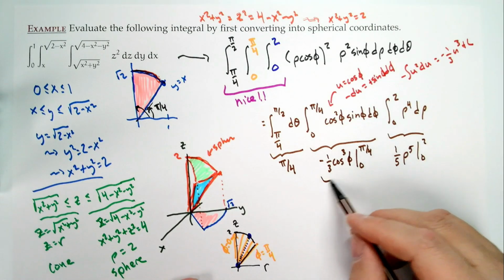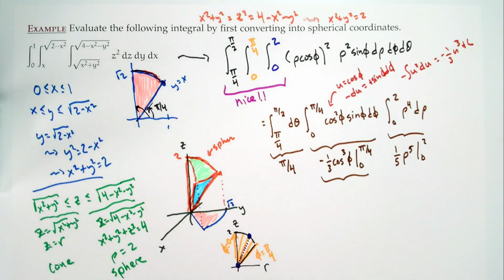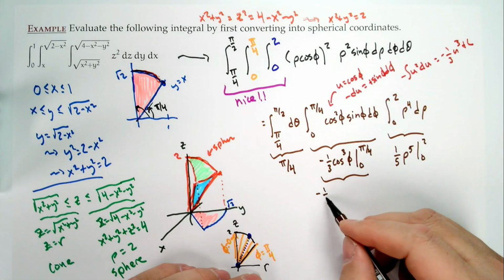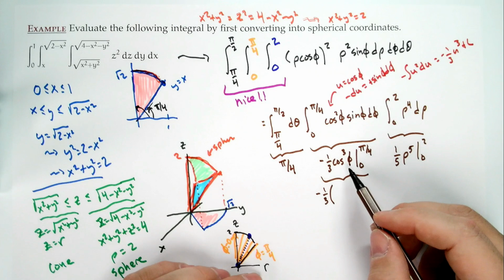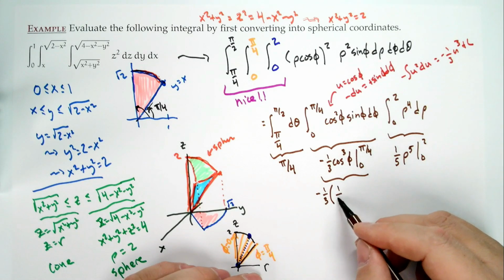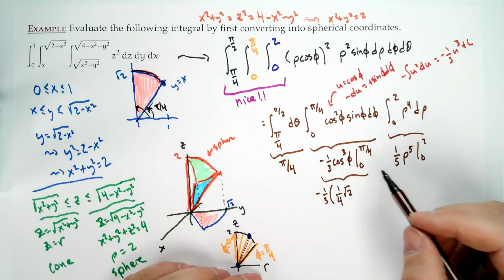So let's do our next iteration here. Pi fourths, cosine of pi fourths. Well, cosine is root 2 over 2. So if we multiply this out, the minus 1/3, just for a second, we'll put it to the side. Root 2 over 2 times root 2 over 2 is a half, times another root 2 over 2 gives us 1/4 root 2. So that's if I plug in pi fourths.